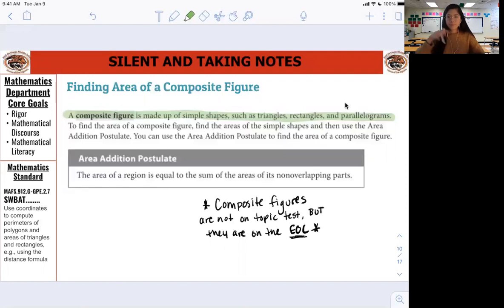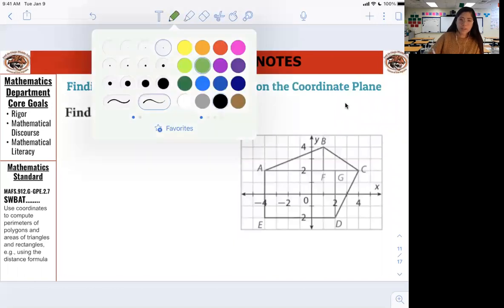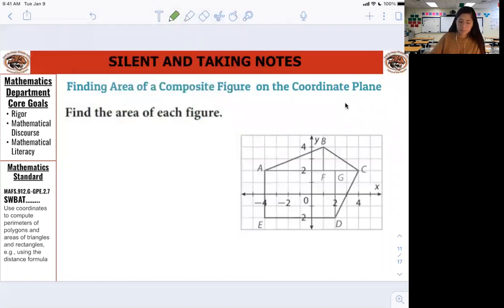All right. So let's look at our first composite figure. I have a pentagon. Okay, got 5 sides, 5 corners. And if you look, they kind of do this for you, but you can basically break down this pentagon into some different parts. So what different types of shapes do you guys see within the pentagon?